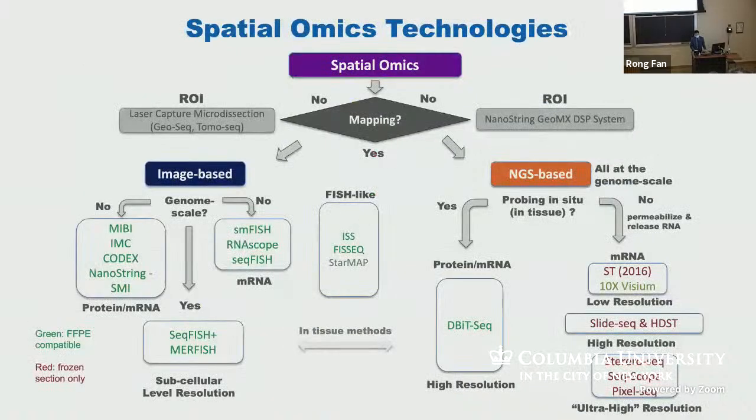So over the past 5 to 10 years, I think spatial omics technologies emerged to address this challenge. Can we really profile individual cells directly in a tissue context? There are two major technology directions, or categories.